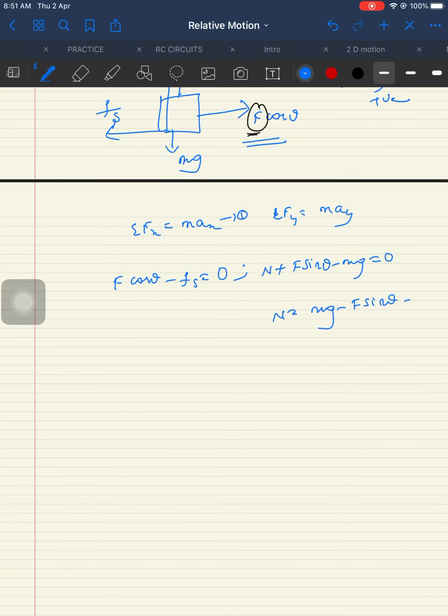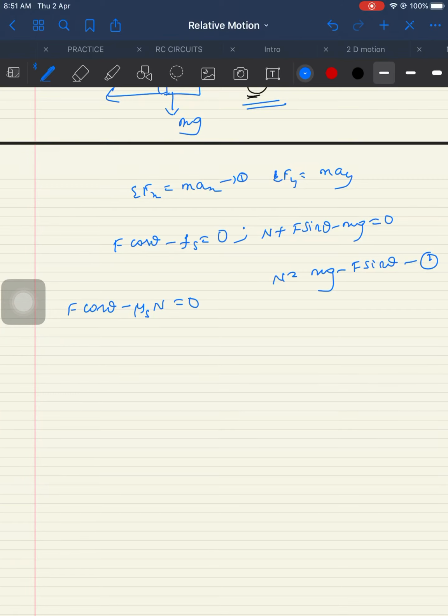Call this equation 1. So F cos theta minus friction, which I can write as mu s into N, is equal to 0. So F cos theta minus mu s into (mg minus F sin theta) is equal to 0.